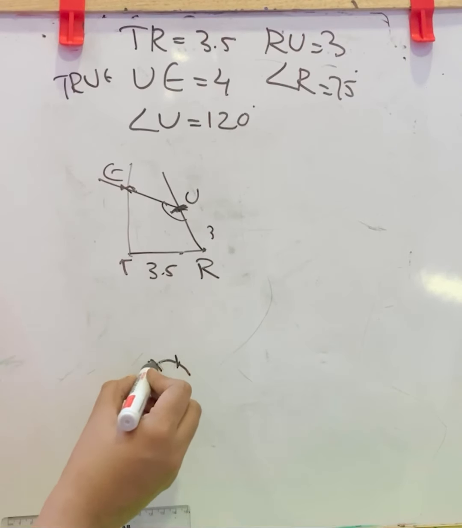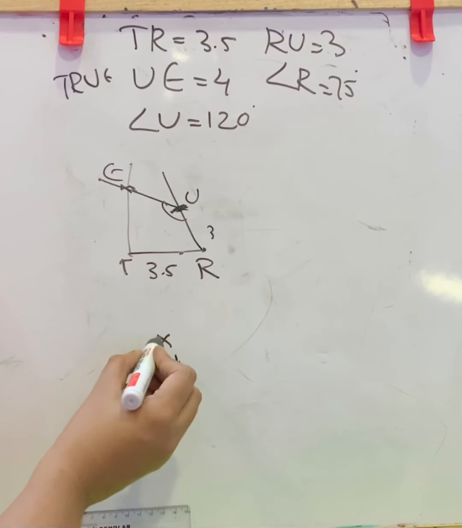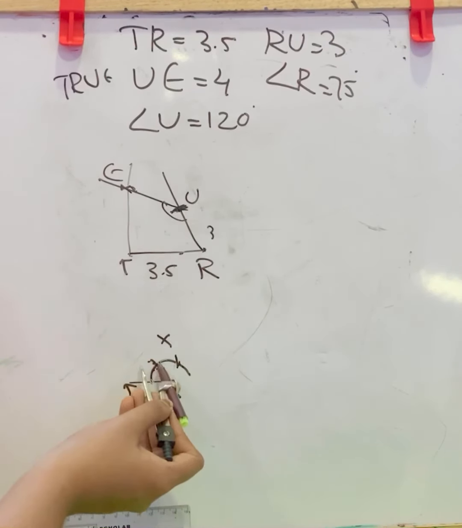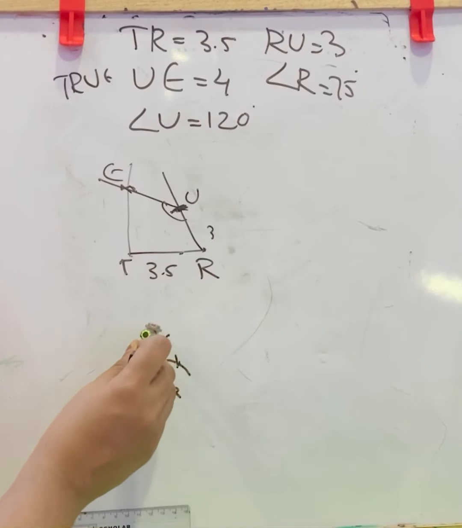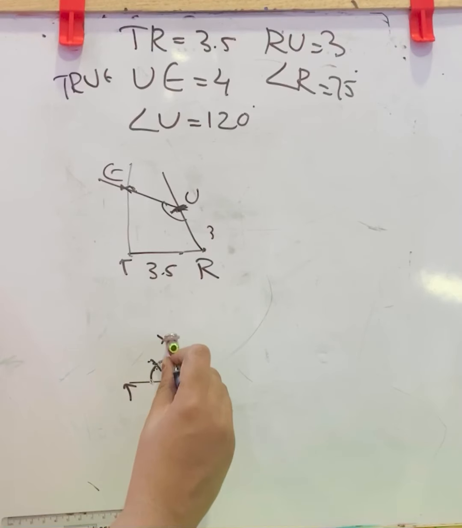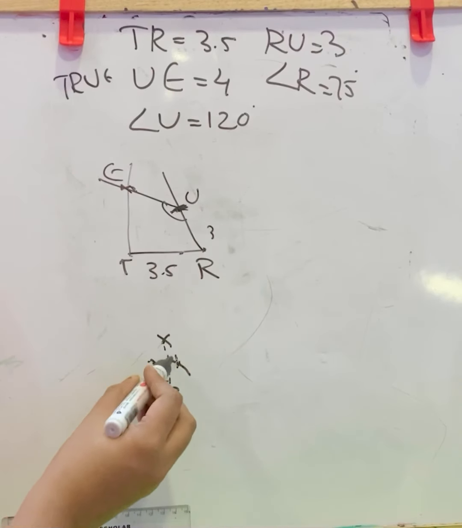Now these are 60 and 120. Their bisector will be 90 degree. Bisector means considering these 2 points, take more than half radius, draw an arc like this, and also keeping here, draw another arc. Now this will be 90 degree.